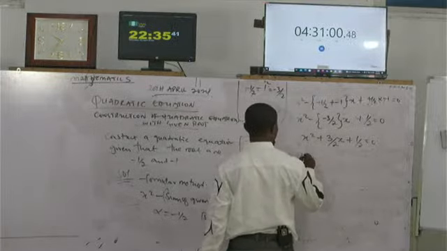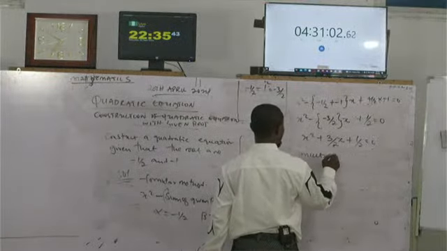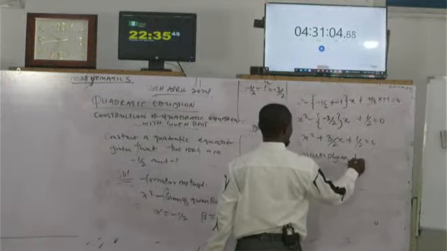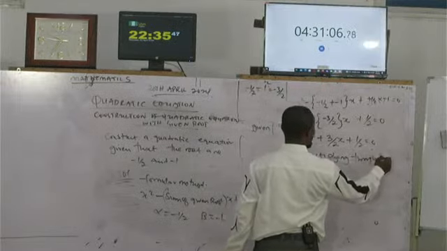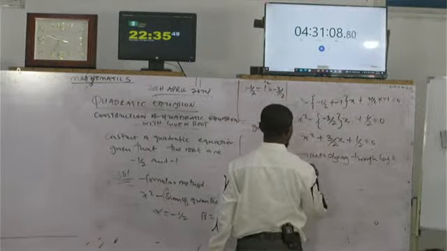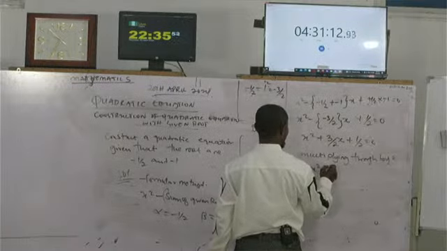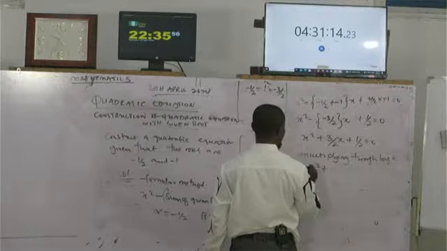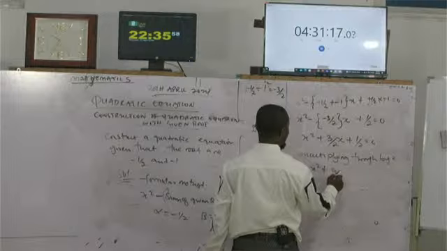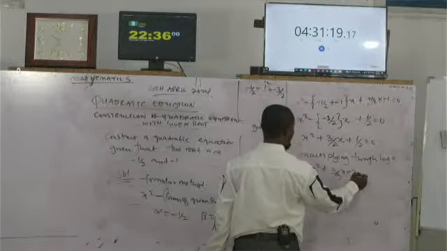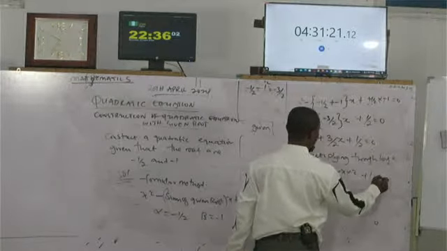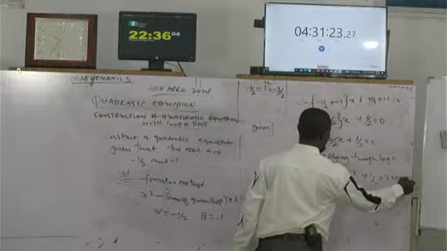So multiplying through by 2: 2 times x squared plus 3 over 2x times 2 plus 1 over 2 times 2 equals 0 times 2.